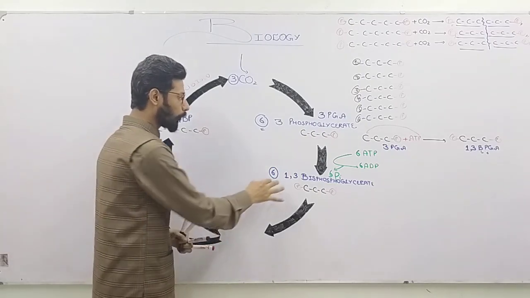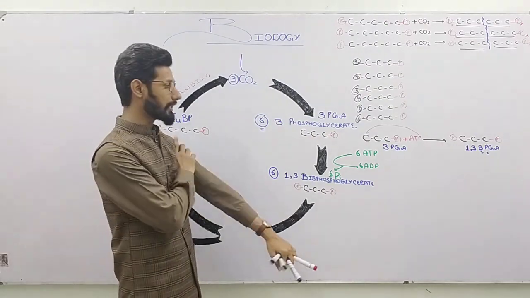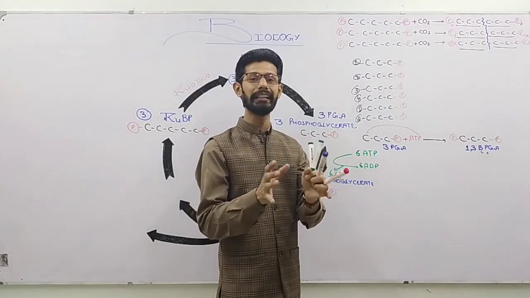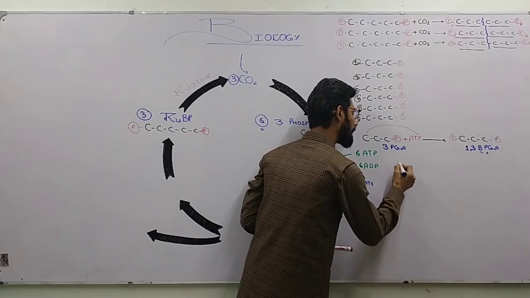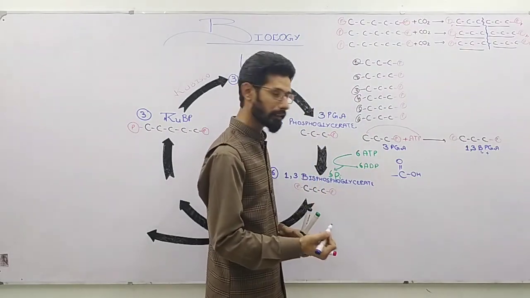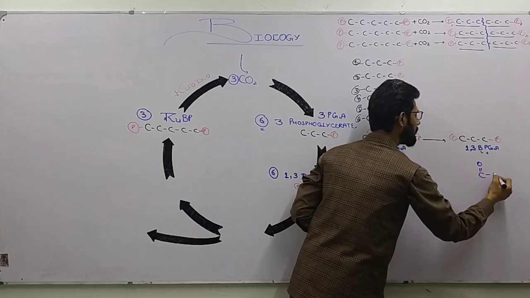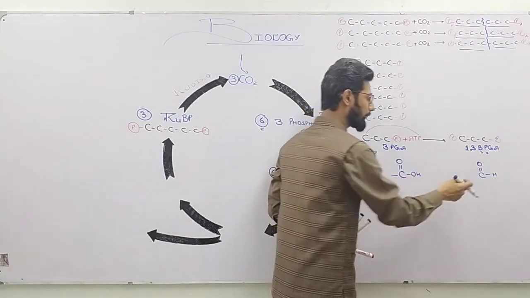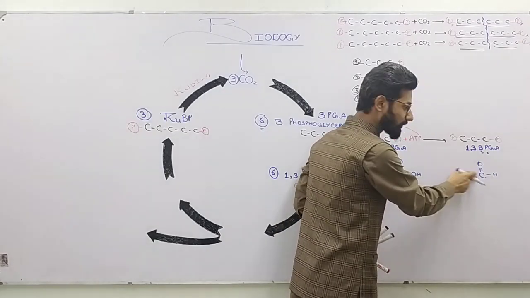In the next step, 1,3-bisphosphoglycerate is reduced into sugar. And how does this happen? Remember that 1,3-bisphosphoglycerate is a carboxylic acid compound. It contains a carboxylic acid functional group. So it's not a sugar, but a sugar has a carbonyl compound. Sugar would be an aldehyde or a ketone.